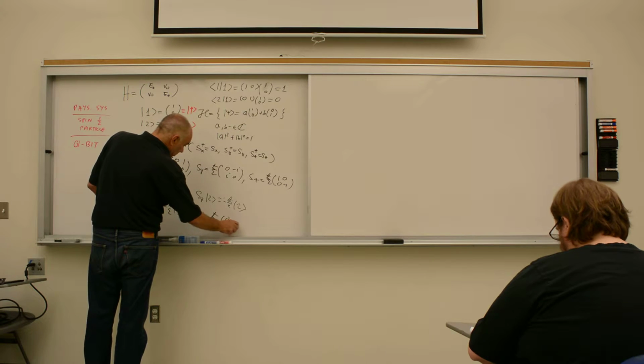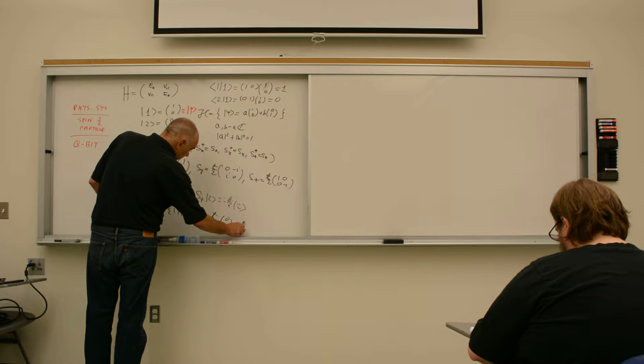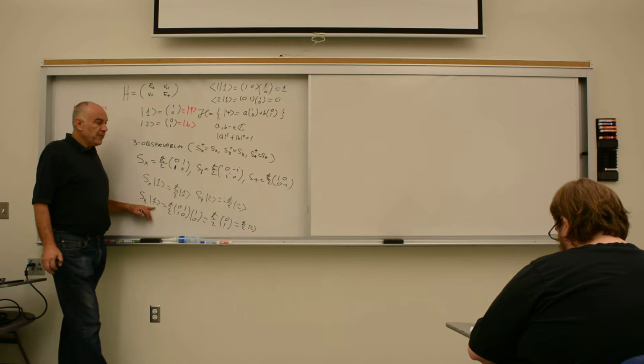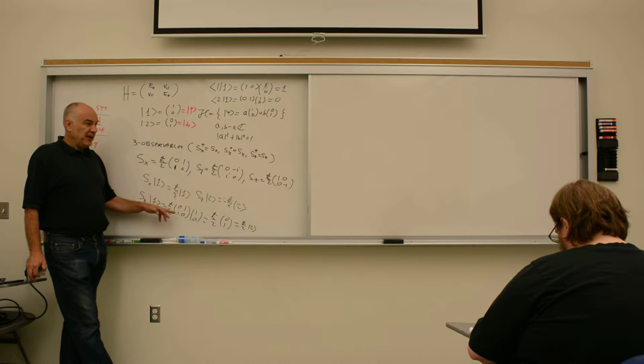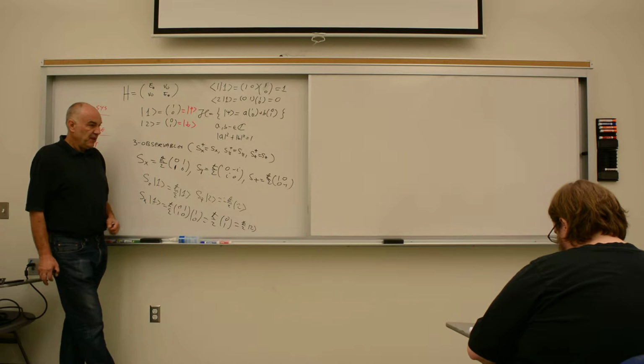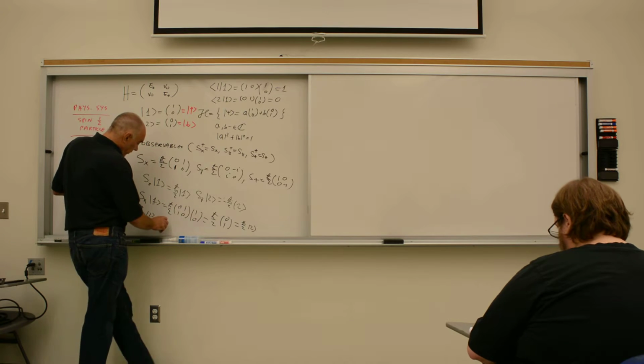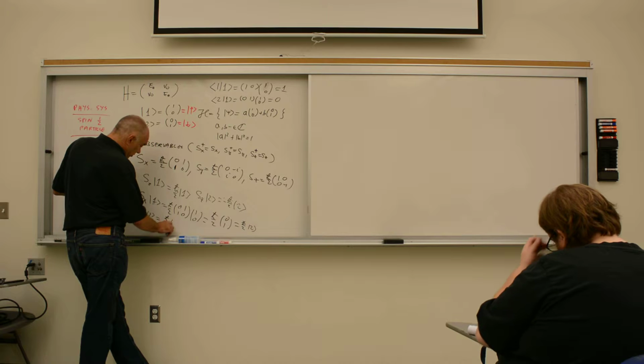So Sx maps the spin up into spin down. And Sx, if you check on 2, will give you h bar over 2 spin up.